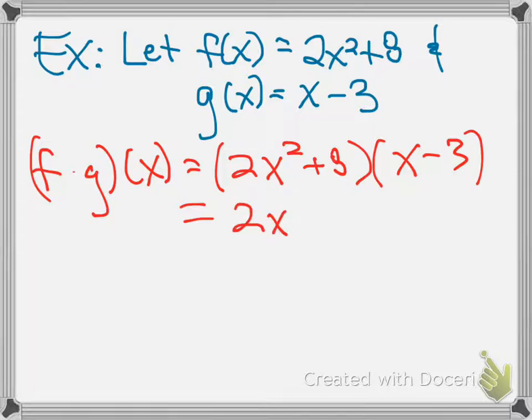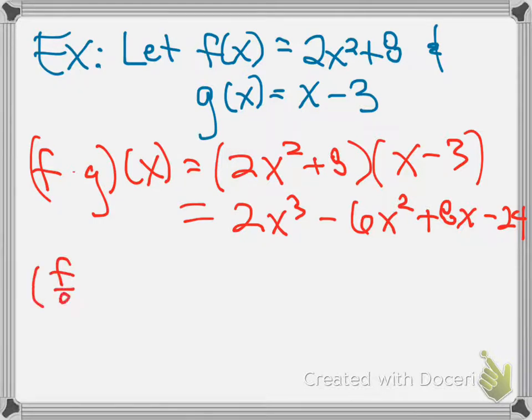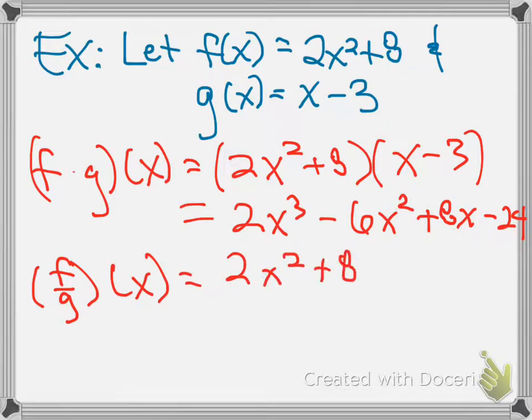So we'll get 2x cubed minus 6x squared plus 8x minus 24. And then finally, if we want to divide our two functions, f over g, then that's just 2x squared plus 8 over x minus 3. So that all is pretty straightforward.